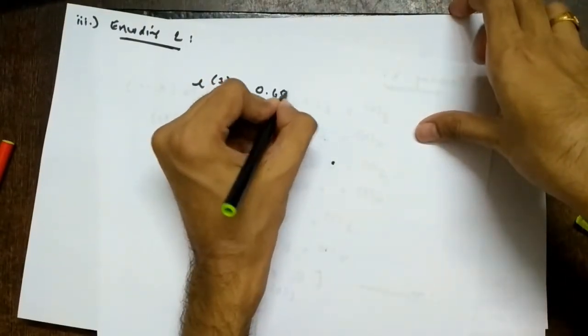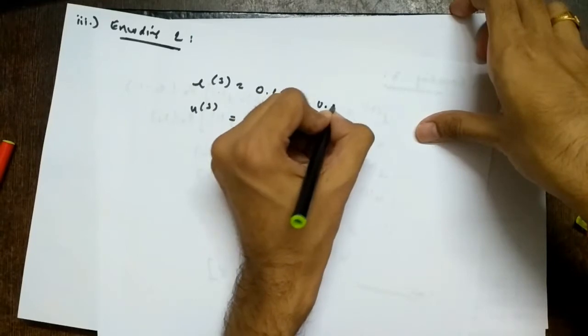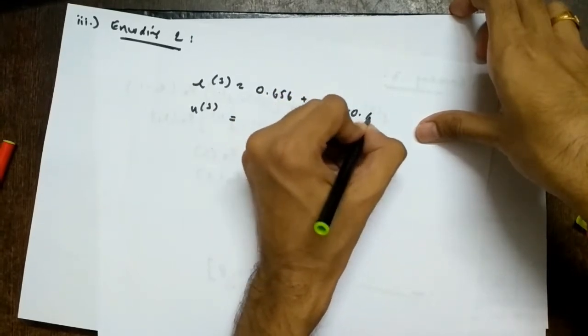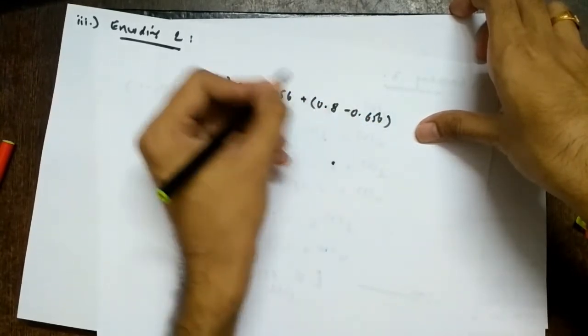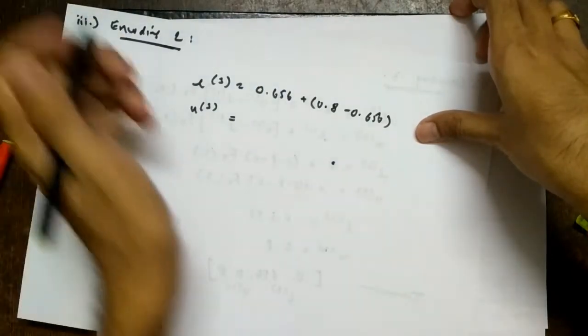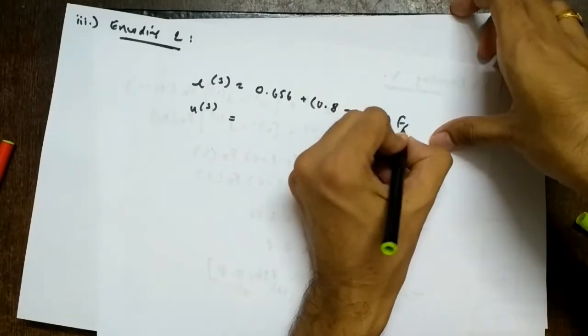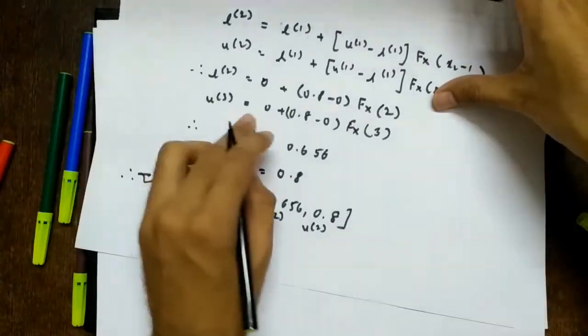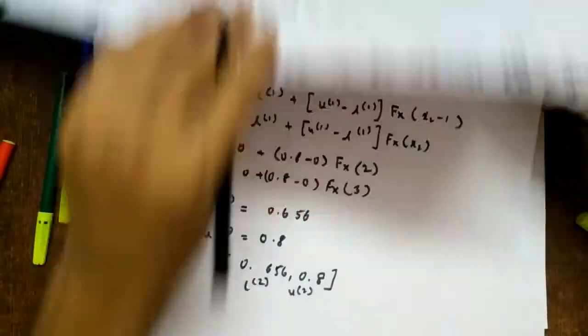So 0.656 plus 0.8 minus 0.656 into Fx of, n equal to 3, so x3 minus 1, and x3 is 2. So Fx of 1.